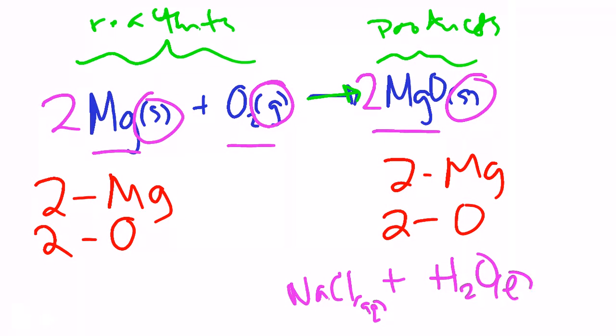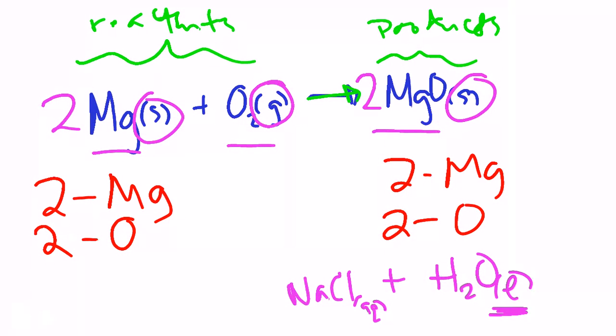So that might be helpful to know before we start our solutions chapter, which is chapter 4. So anytime you're dealing with water, it's going to be in the liquid state unless it's otherwise specified in a particular problem. And then if you're combining it with something that is an ionic compound, so something that's a salt, something that dissolves, that compound is going to be aqueous. That might be helpful for some homework problems.